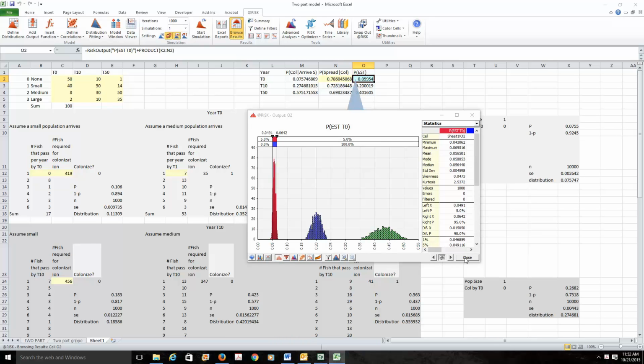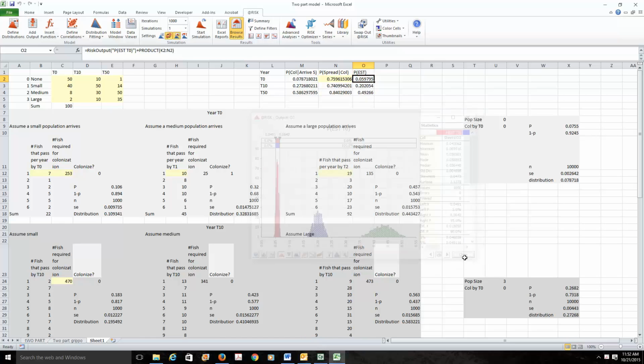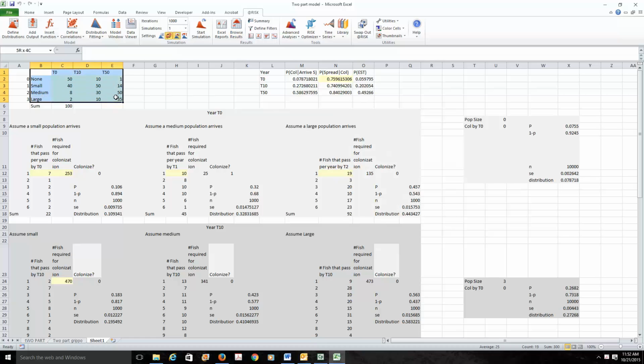Now, the way this model would work is, as seen, we have the probabilities of establishment for the without project condition. We would want the with project condition. These values would not change unless there were specific measures that were going to be taken that would make a medium or a large population less likely.